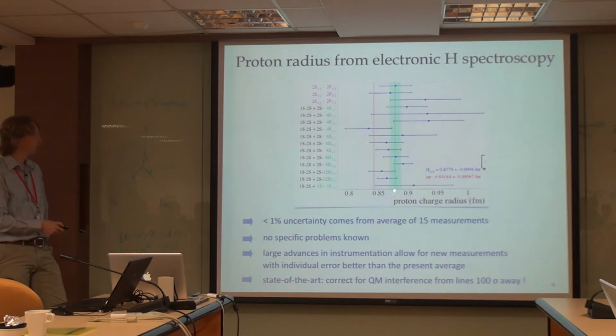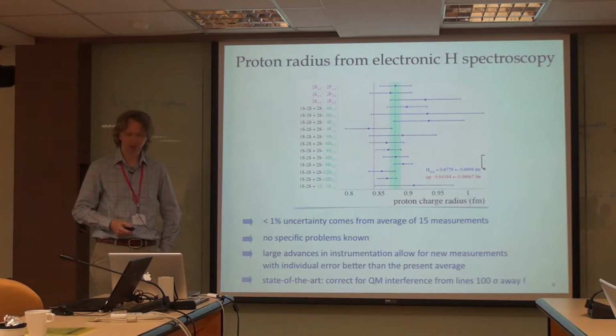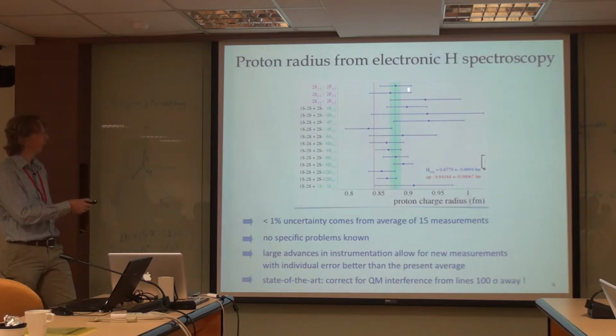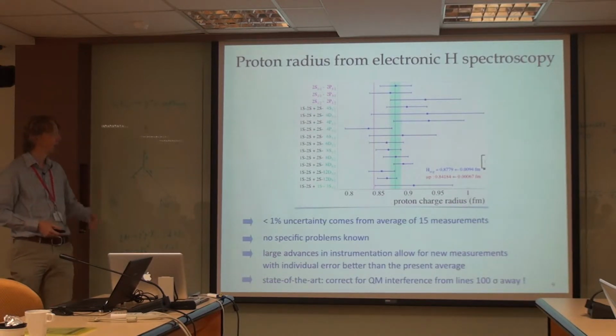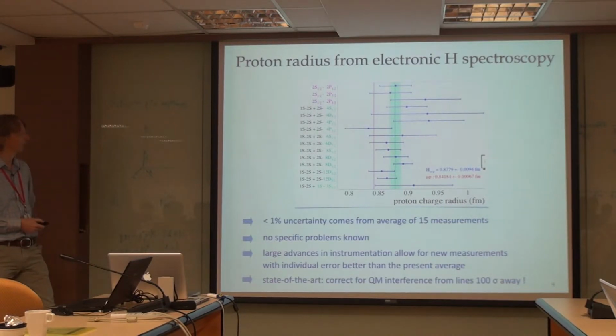This is a combination of 15 measurements. You see all of them scatter around this band, and each measurement individually is not of such great precision, but the combination of the 15 determines this CODATA band. And just for comparison, this pink band here is the very precise measurement from muonic hydrogen. So this difference here is this discrepancy.